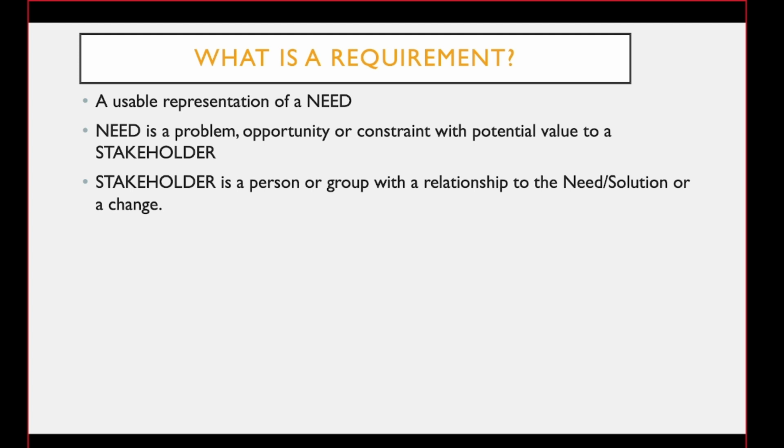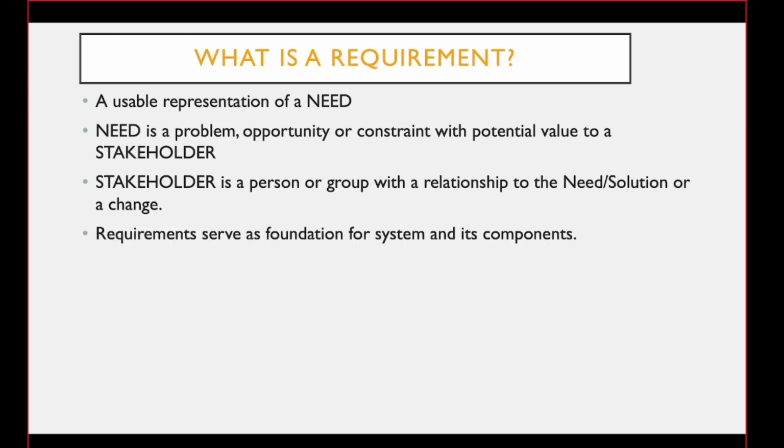A stakeholder is a person or group with a relation to the need, solution, or a change. So like I said, sometimes you call them stakeholders and sometimes you call them business and sometimes you call them business owners. Whatever you call them, they are the people from business who have a relationship to this software product, and they have the requirements or need, or they are the ones who need the change in the organization using this software.